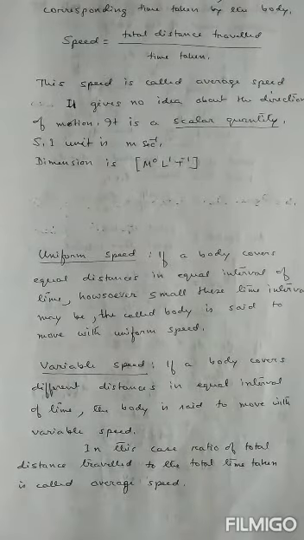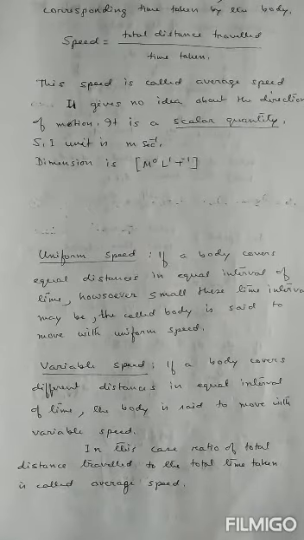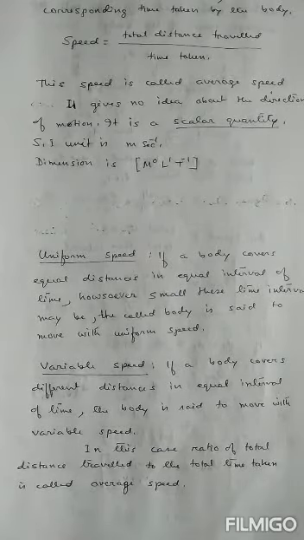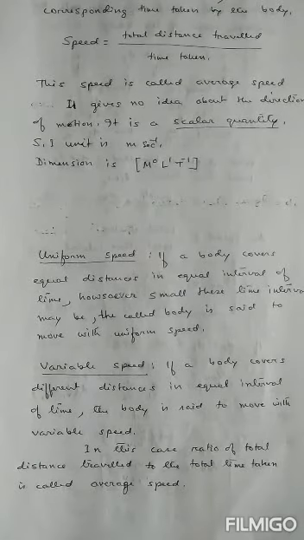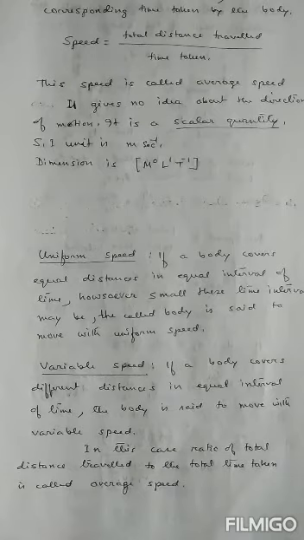In this case, the ratio of total distance travelled by the body to the total time taken is called the average speed. And if the speed is uniform, average speed is equal to uniform speed.